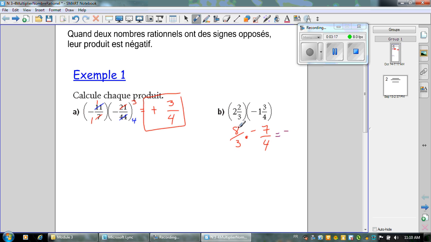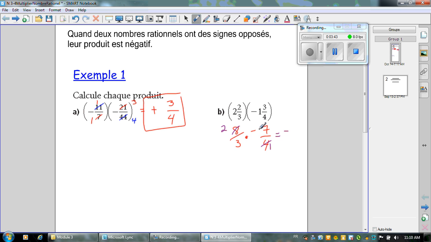But you could do 8 times 7, 56, and then 3 times 4, which is 12, and then you would have to simplify vertically. But you can also simplify diagonally. Because look, if I see 4 and 8, I can simplify that to 1 and 2 because 4 goes in twice into 8 and 1 into itself. So I just simplify by 4.